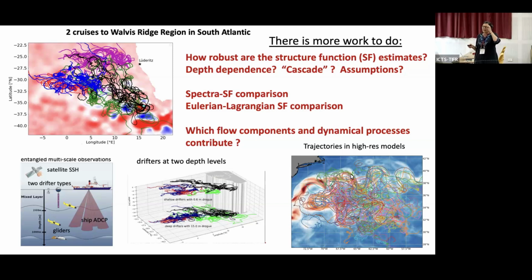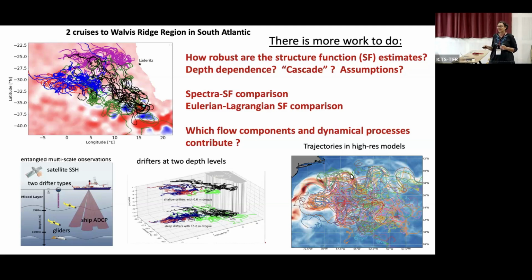And there we actually deployed drifters at 2 different depth levels. Those are surface drifters at the very surface, and then we also have these deep drifters. We have shown the results before. What we want to do, and I think it's important, is to have different kinds of measurements in one region.